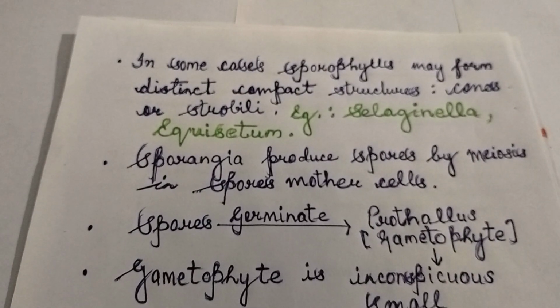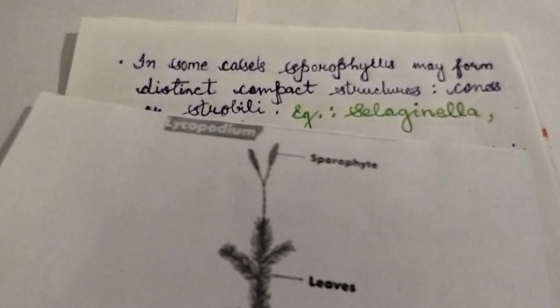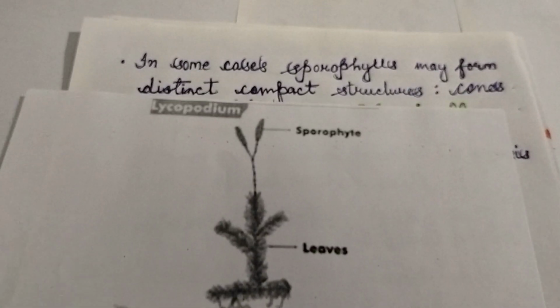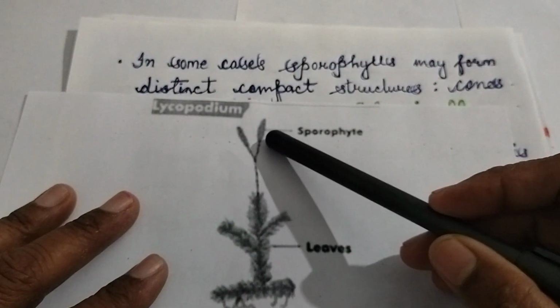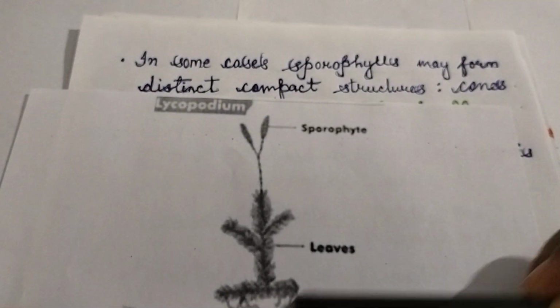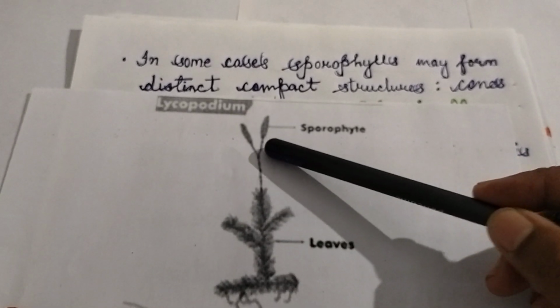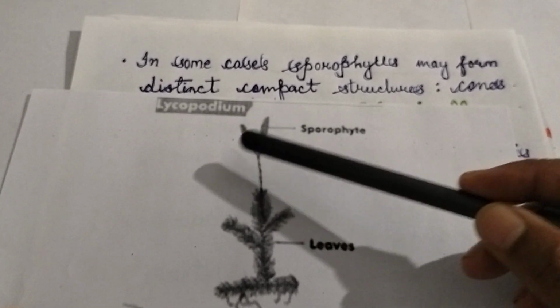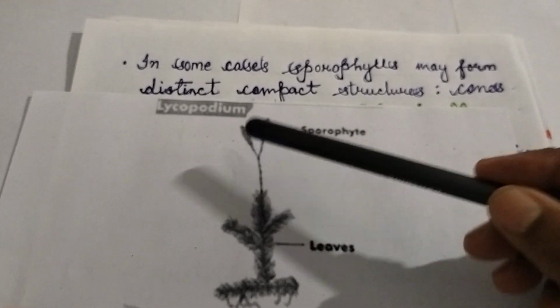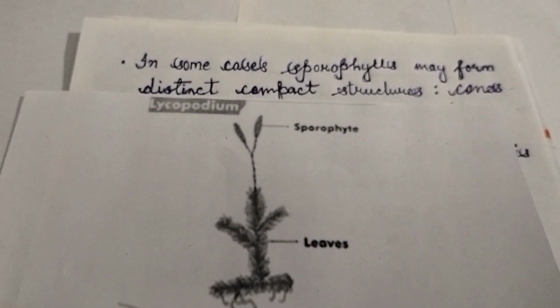And what are these cones and sporophytes? See, I have shown you the picture just now. This is the sporophyte of Lycopodium. This particular structure, see, it is a cone-like structure. It is strobili or cone. See, in Equisetum, it is a cone-like structure.